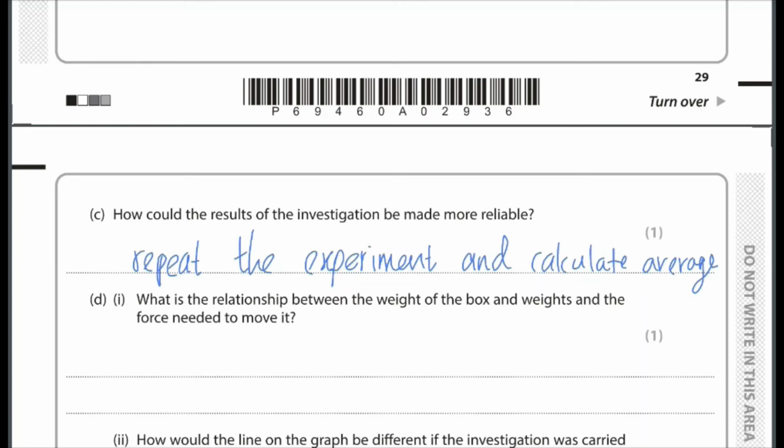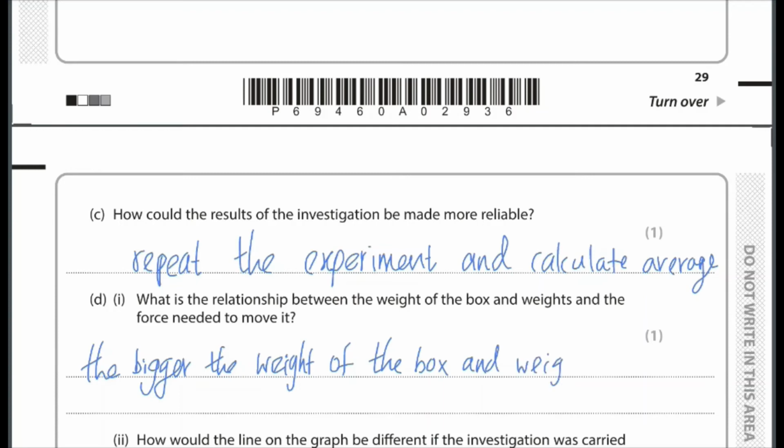So we can write: the bigger the weight of the box and weights, the greater the force needed.